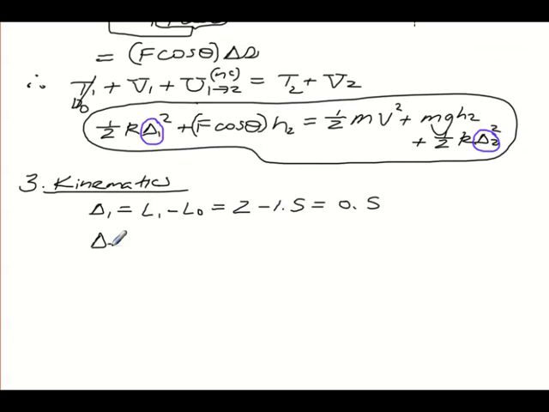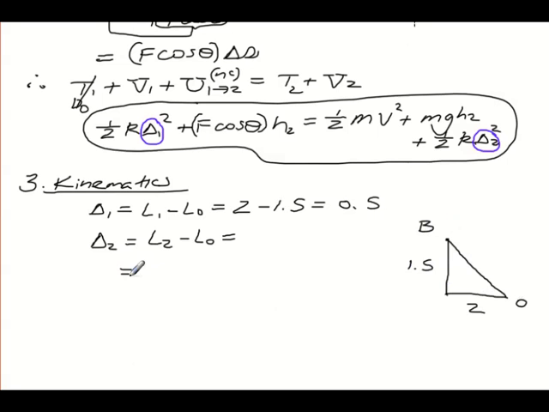Delta 2 is going to be the total length of the spring at position 2, L2, minus the unstretched length. So let me just draw the right triangle here. This is where the spring's attached to ground, O. This is B at position 2. This distance is equal to 2, and this distance is 1.5.